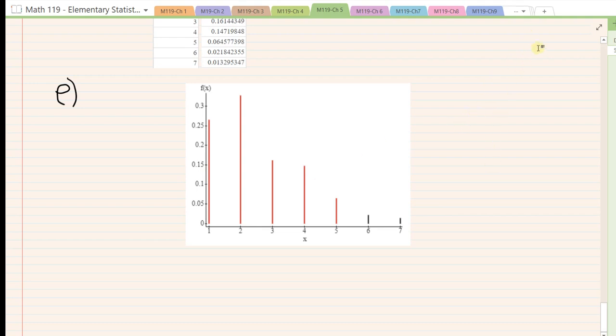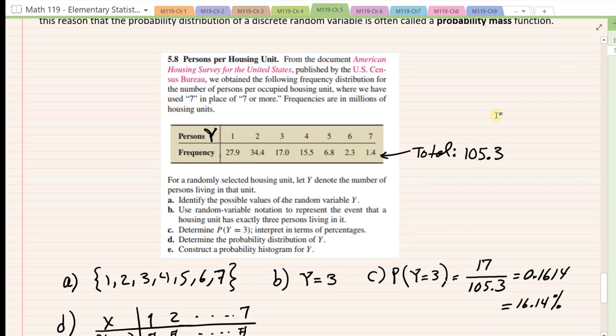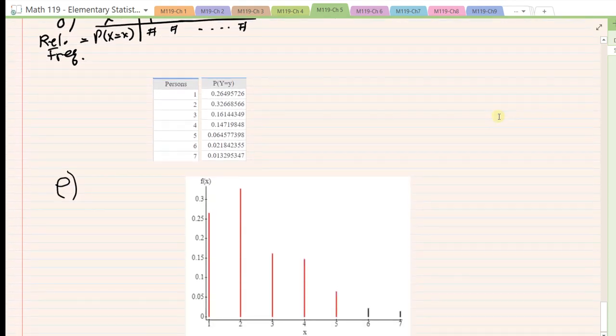And let me see if this exercise continues on with some probability questions about it. Well, it doesn't look like it does, but again, we can make our own probability statements and answer those probability questions.